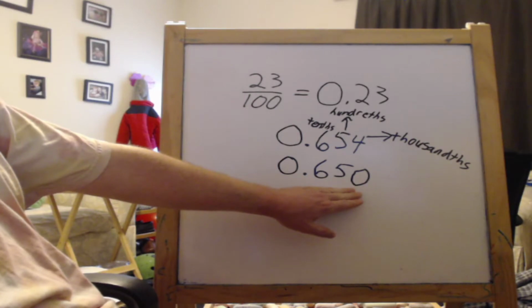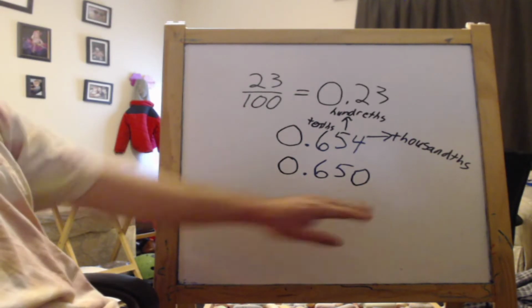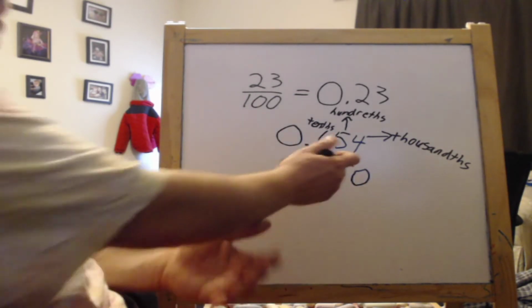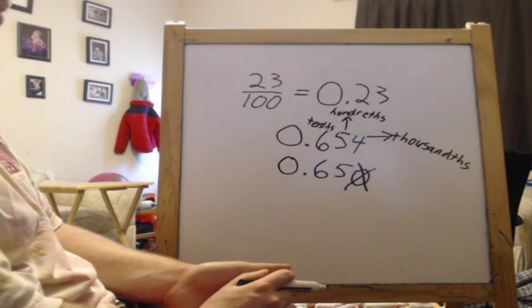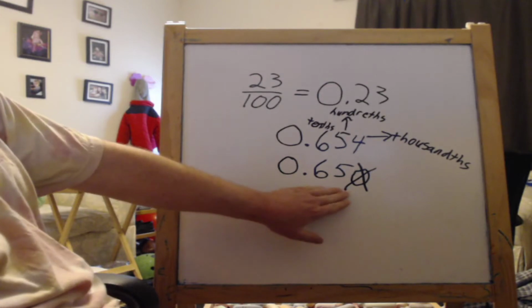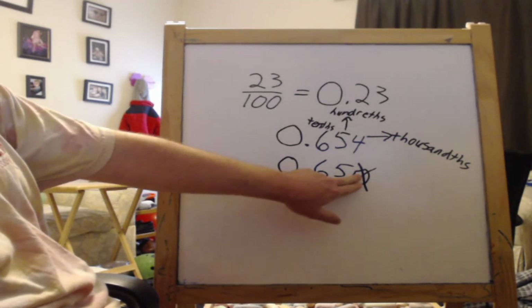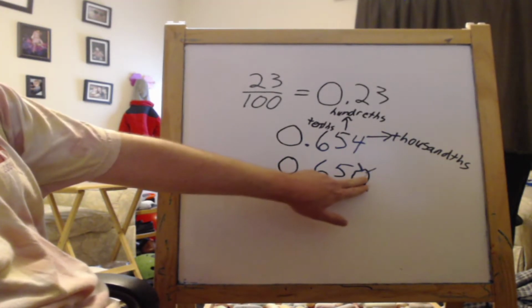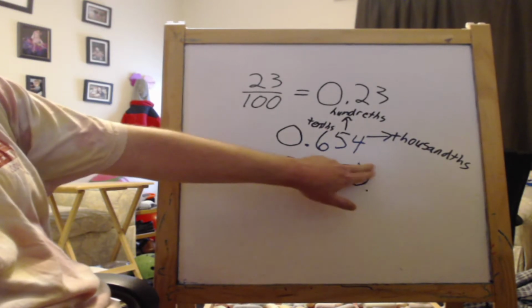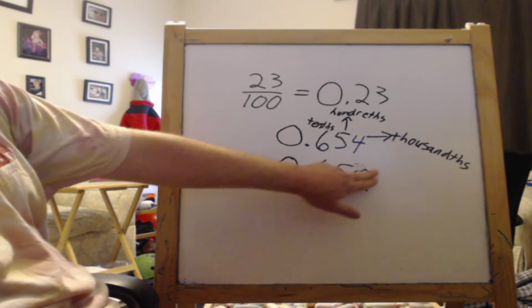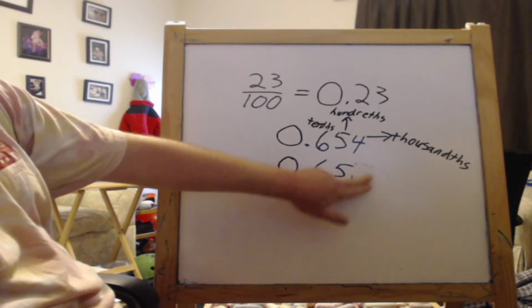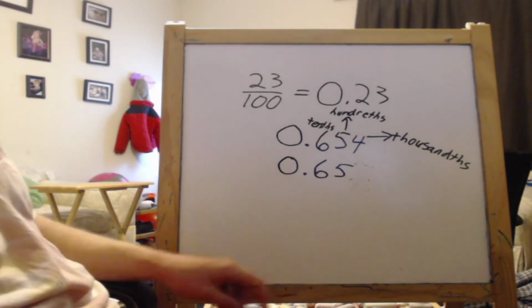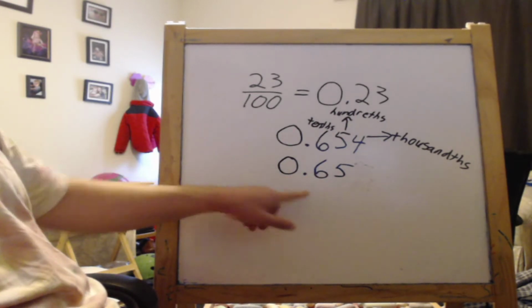But, or I'm sorry, 650 thousandths. But the 0 does not change the value. So basically, you don't need to include it, and you can just drop it. Okay, so we can just erase that, and this would be 65 hundredths.